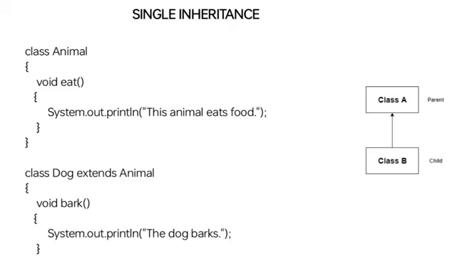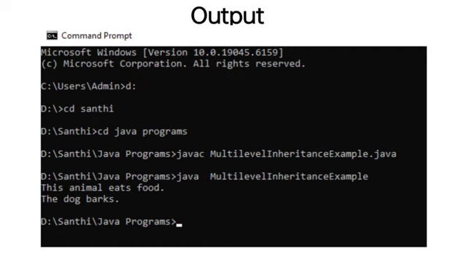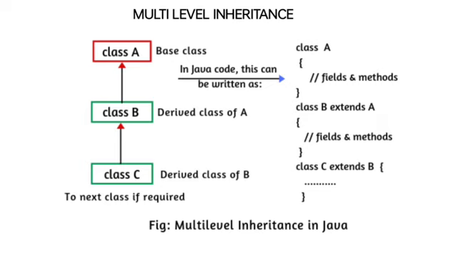In the dog class, we defined one method, bark. When we create an object for the derived class dog, using that object we can invoke the method defined in the derived class and also the method defined in the parent class. The output of this program will look like this.